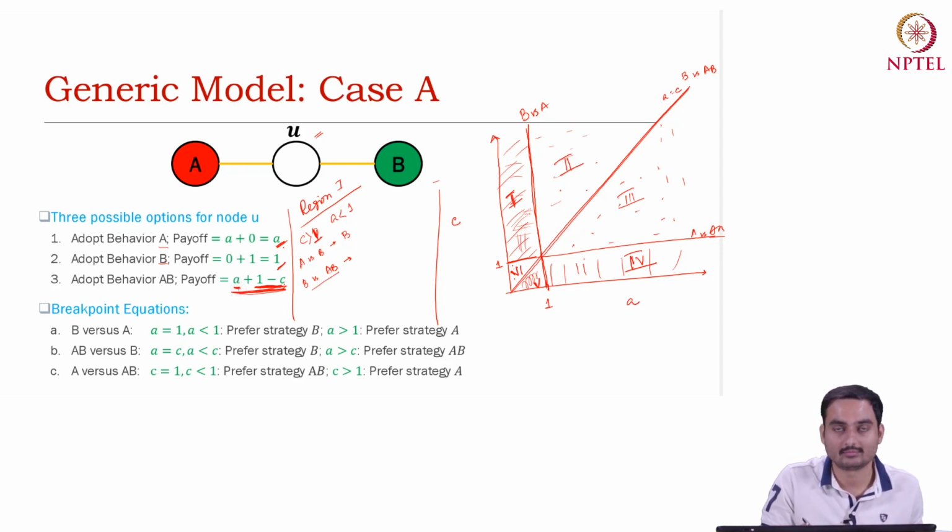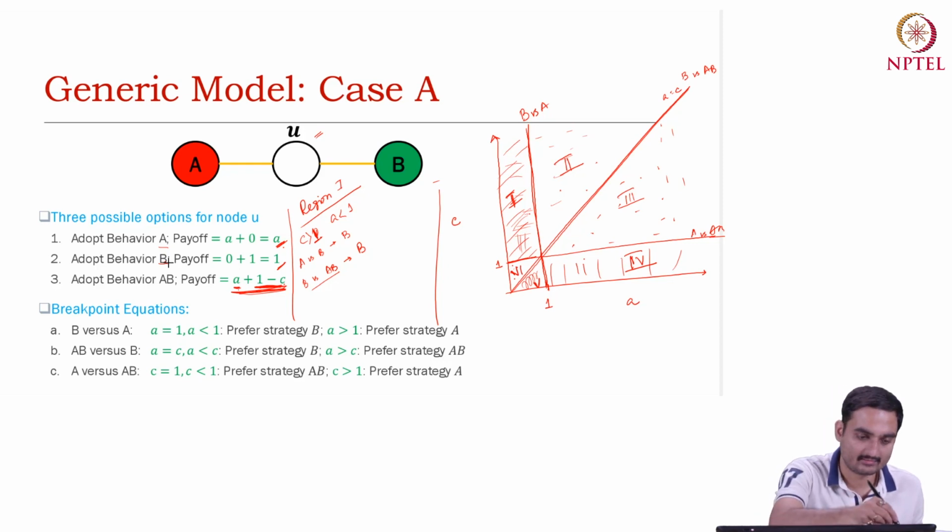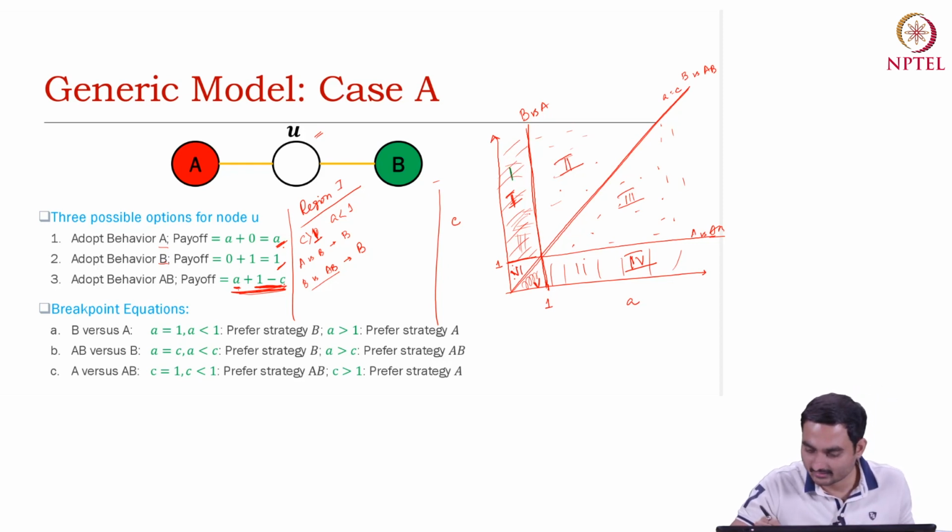So between B and AB, B would be preferred. Of course, we won't need to look at A versus AB because A is already a bad choice. So in this region, B will be preferred.